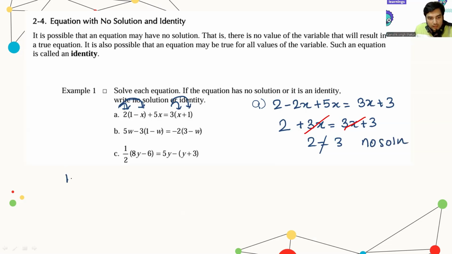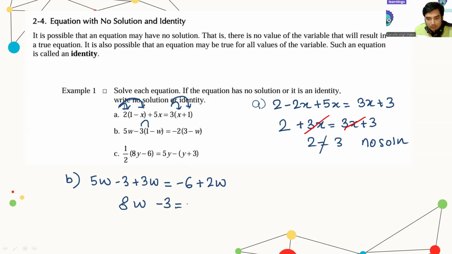Let's go ahead and solve the B part here. You have 5w. This negative 3 will go inside, which will be negative 3 again. So plus 3w is equal to negative 2 times 3 is negative 6, and negative 2 times negative w is plus 2w. So 5w plus 3w you have is 8w.